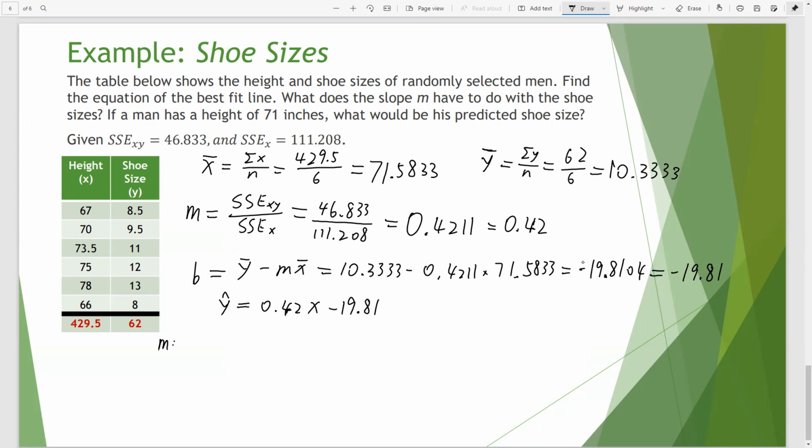The unit of height is inches, and the shoe size is just the size, with no unit.